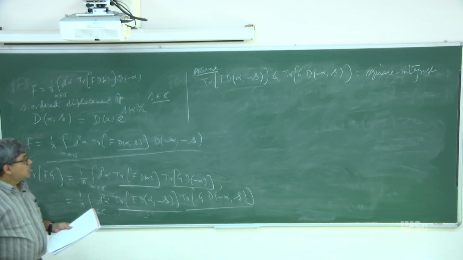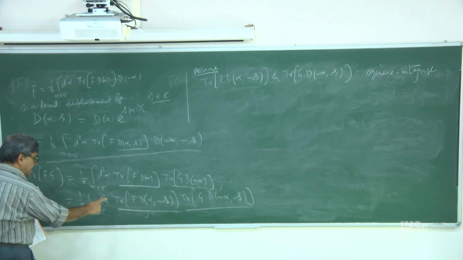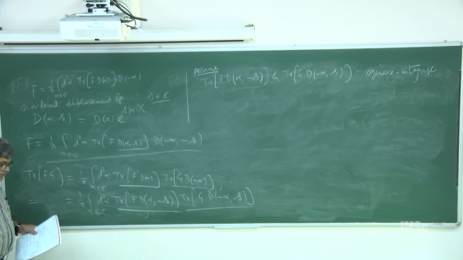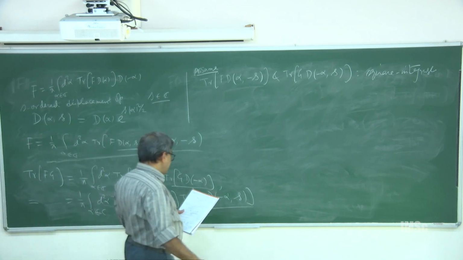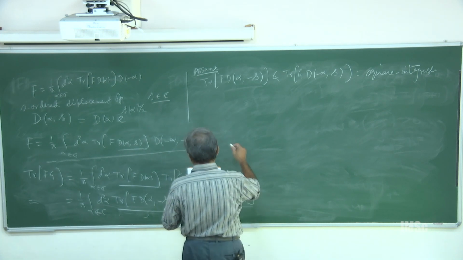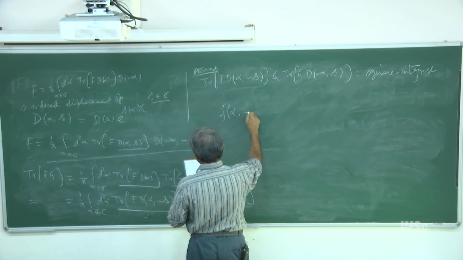Okay. So, then I can use the complex Fourier transform, and you can see the inverse Fourier transform of this relation, right. So, let me call this f of alpha minus s.